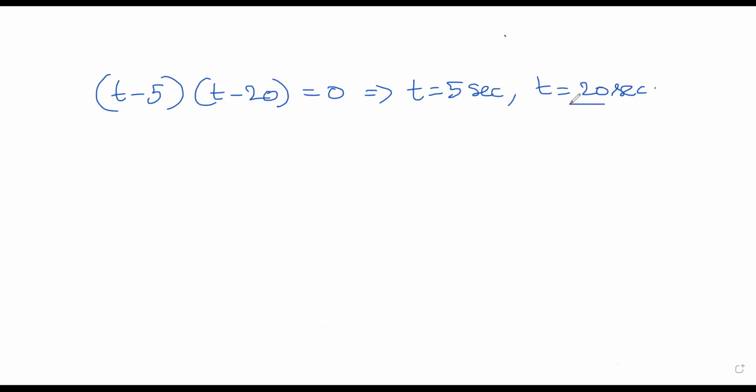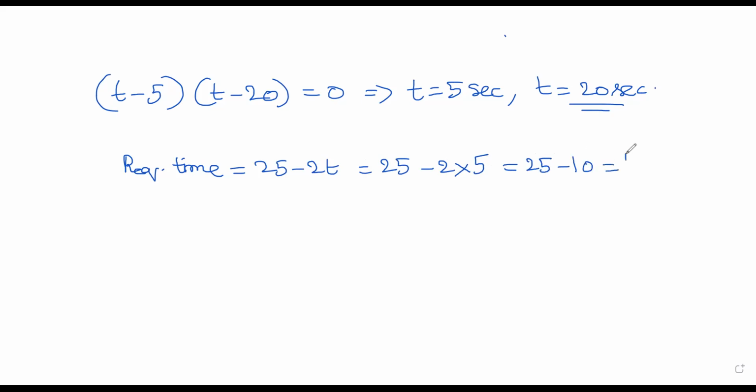So what is the required time where you have the uniform motion? The required time is 25 minus 2t. So it's 25 minus 2 into 5, let's check with 5. So 25 minus 10, which is 15 seconds. So what about the other value, which is 20?